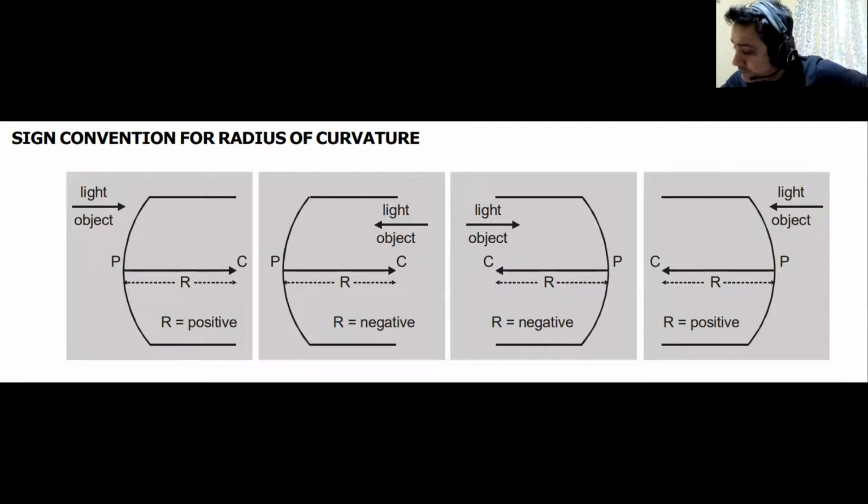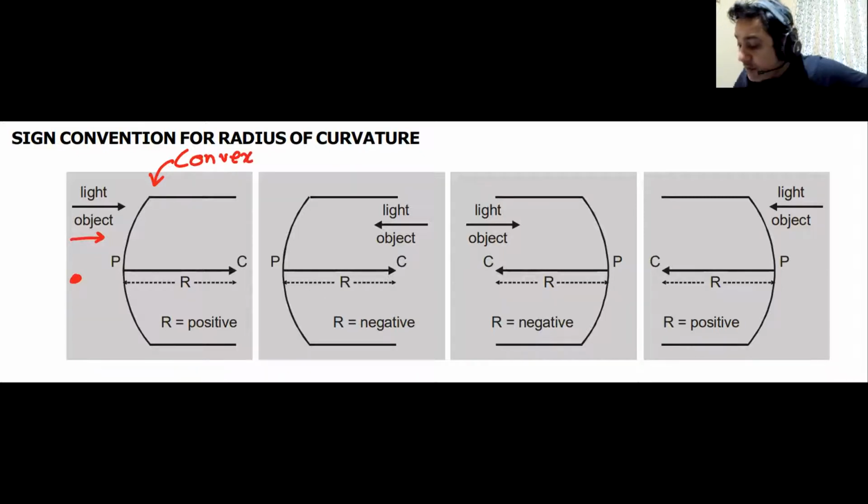Now please remember, and don't get confused. If you have this surface and the object is placed here, light would be coming from here. So this surface will behave as a convex surface. Yes or no?